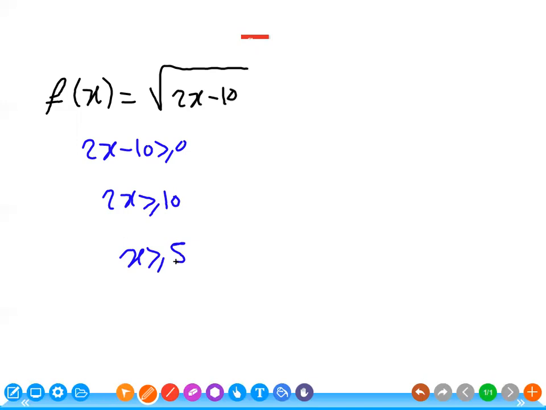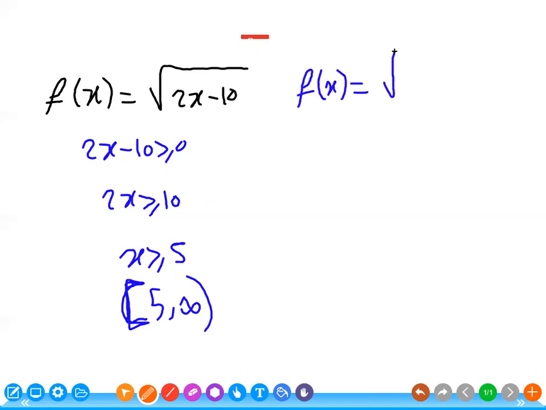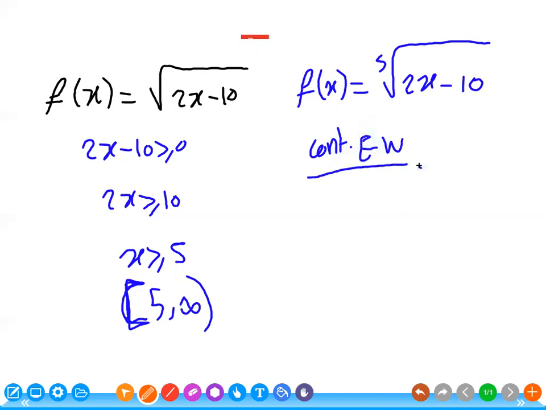So in this case, we will say that the function is continuous where x is greater than or equal to 5. So the function is continuous from 5 to infinity. Now, let's take the same example, but let's take it as an odd root. Fifth root, for example, of 2x minus 10. Then here, directly we'll say the function is continuous everywhere. And this is regarding continuity.